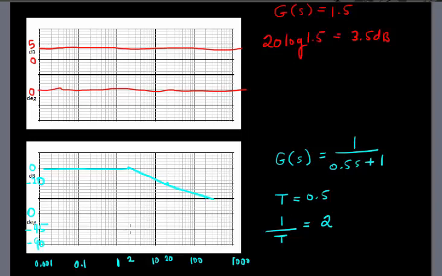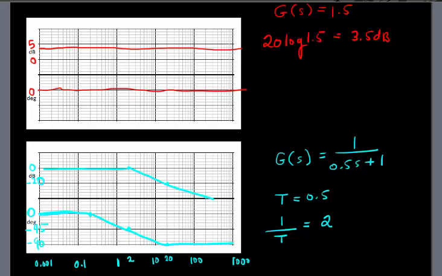So here at 2 is where I hit minus 45. A decade below is 0. A decade above is minus 90. So I'm going to make those straight lines, and in between I join it with a straight line.